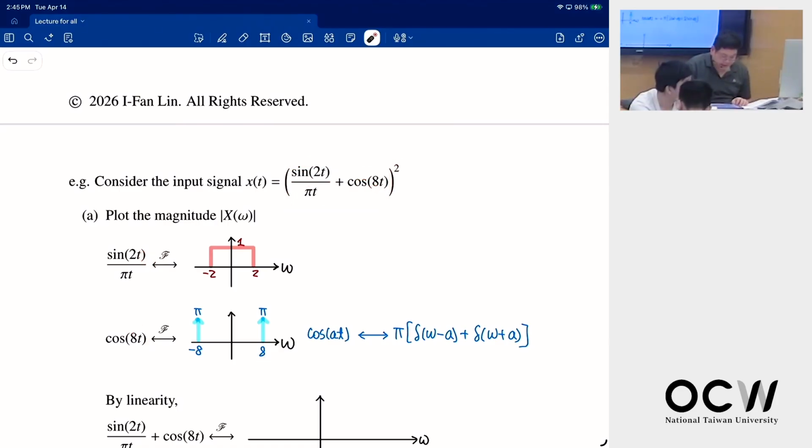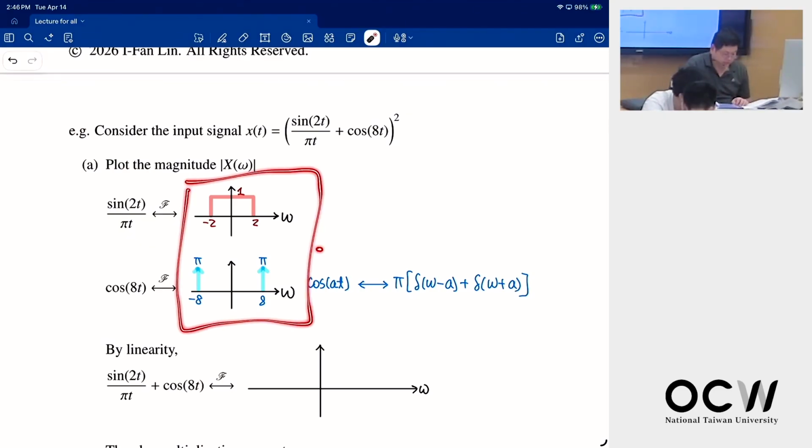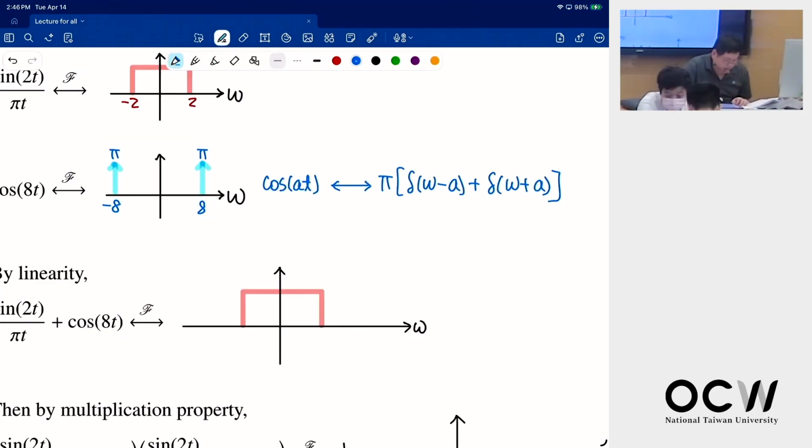So when I add this together and then do the Fourier transform, that also means in frequency domain, I just add these two. So I should have, this is from -2 to 2, and the height is 1.